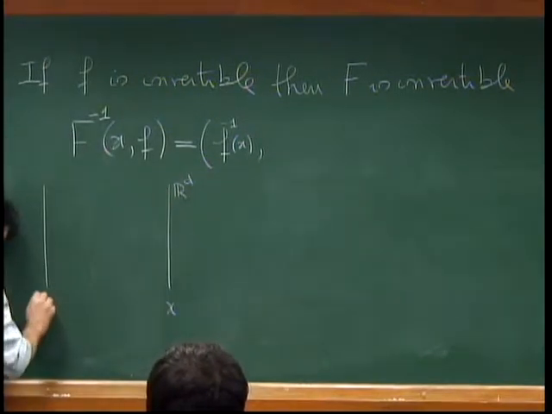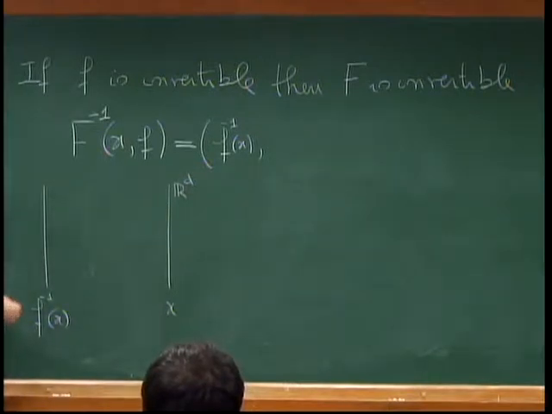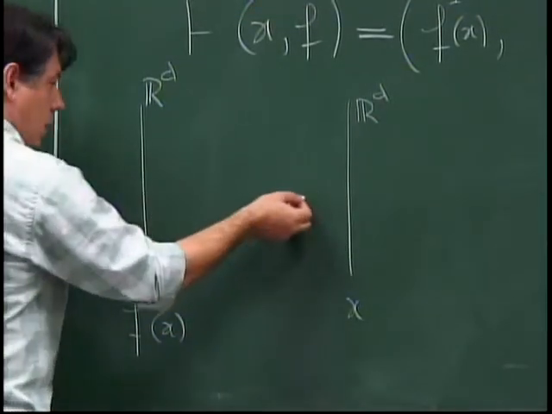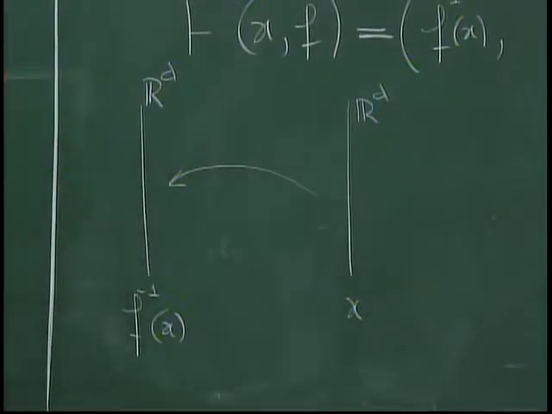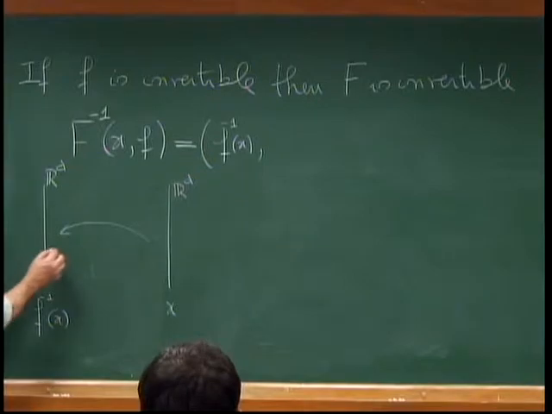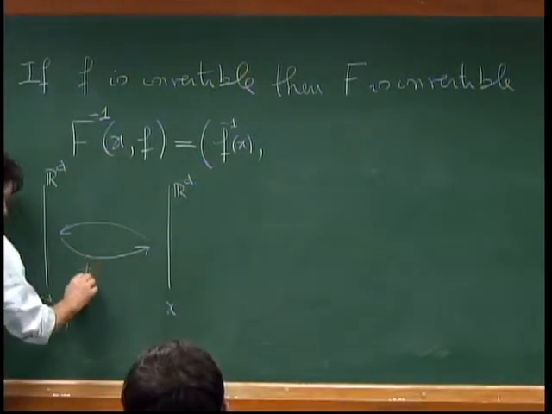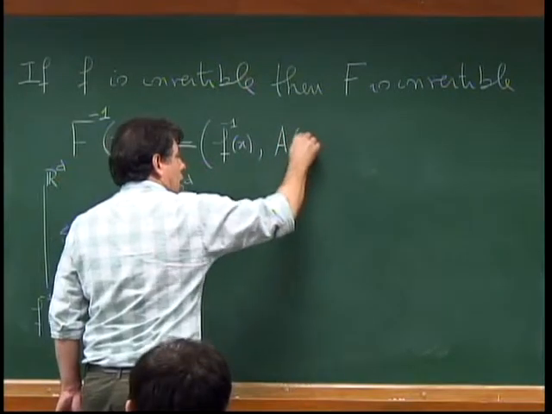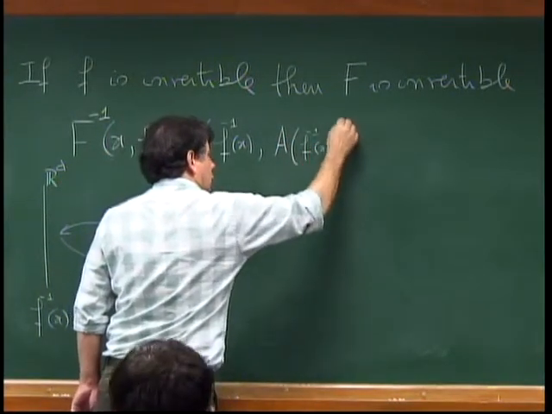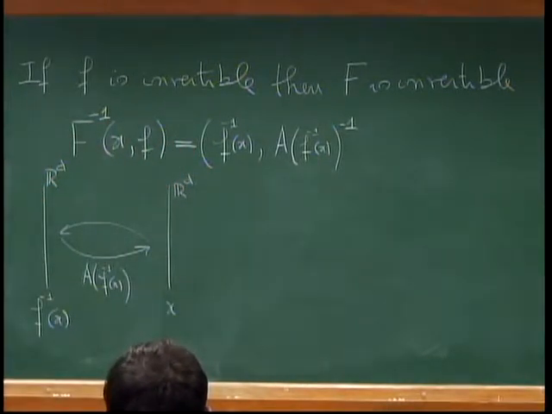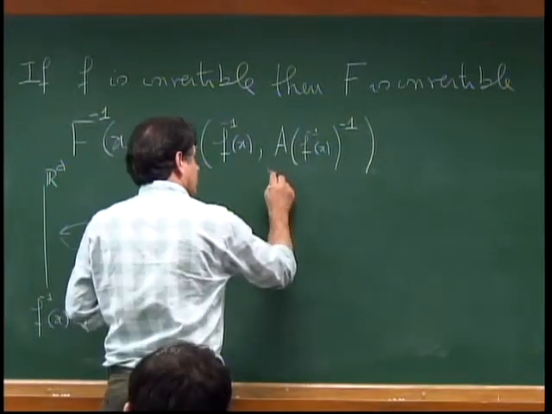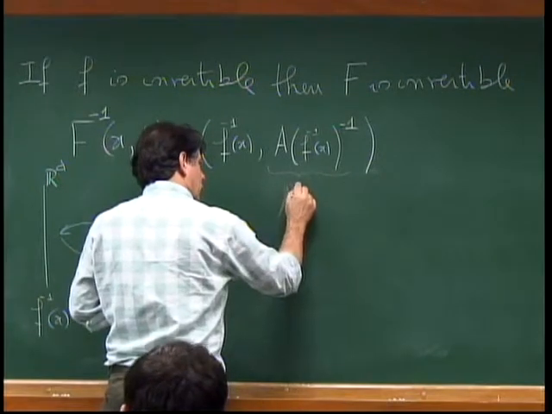You have f^(-1) of x. Our f^(-1) is mapping this to here. We want to define what dynamics should be here. And it's more or less clear that it should be the inverse of the one we have going forward, which is A of f^(-1) of x. So this should be A of f^(-1) of x inverse. And again, to simplify our notation, we call this A^(-1) of x.